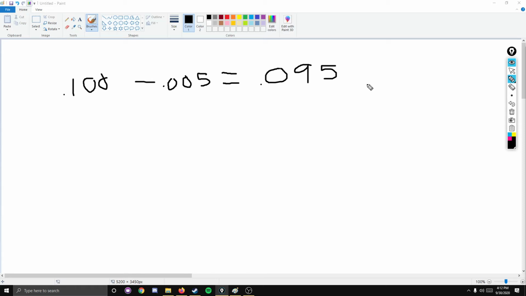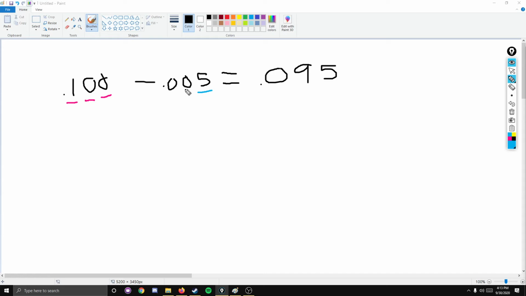But now I need to count significant figures. In my decimal place here, I have 1 significant digit in 1, but I have 2 zeros that are to the right of this significant digit. With that being a decimal place to the right of my 1, that means that these zeros are significant. All right. Now, for 0.005, 0.005 has one significant digit here, but it has 2 zeros to the left.